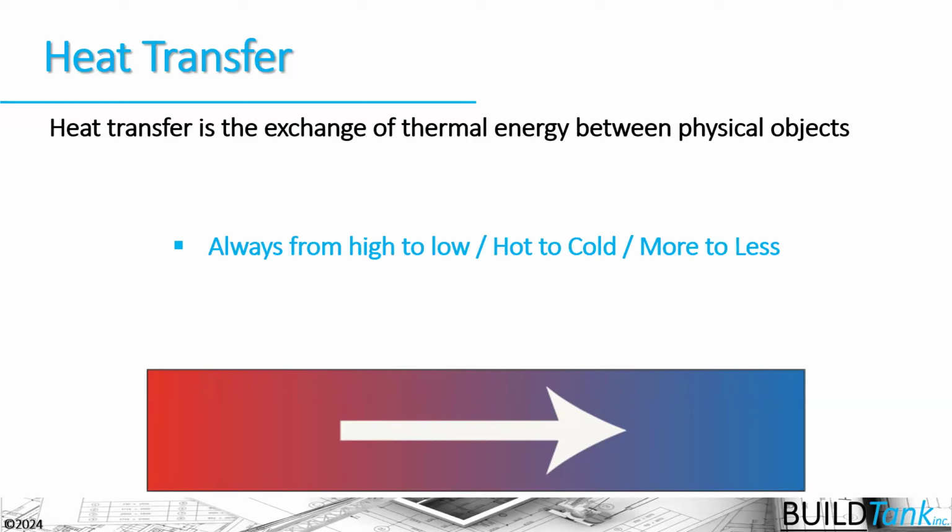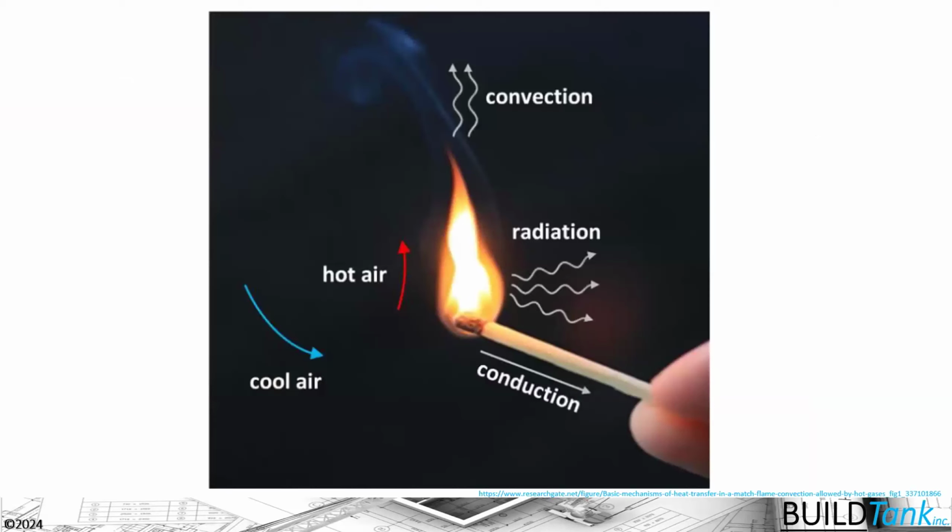And we know how we can control that and get better predictability of that heat loss and heat gain by the building thermal envelope that we're going to build. But how does that energy actually move from inside to outside or outside to inside? It moves by these three primary means of energy transfer: convection, radiation, and conduction here.